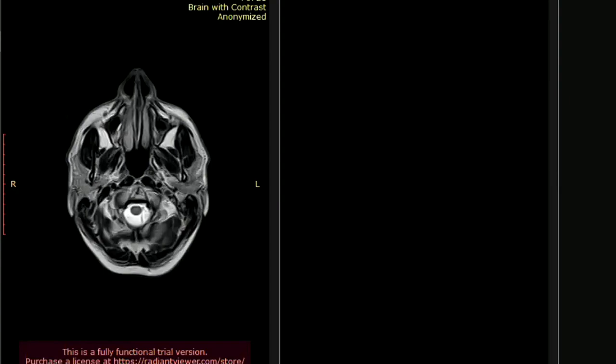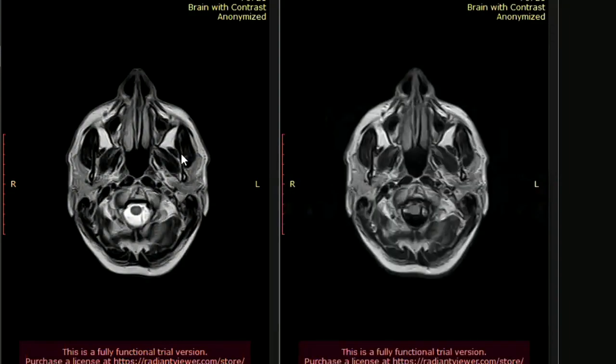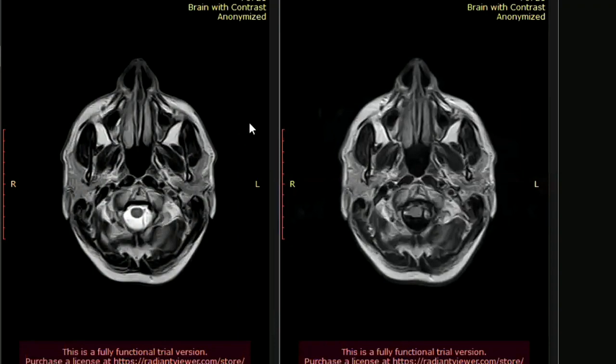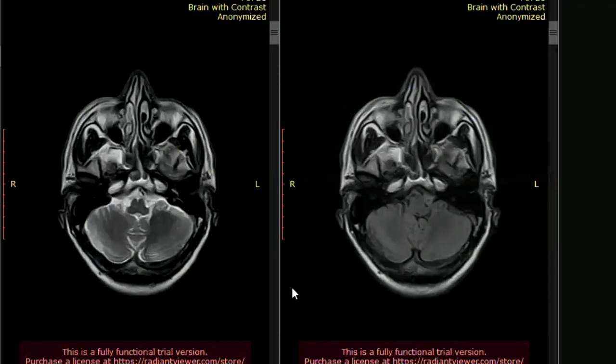Okay, so I will give you the selected MR images. I will also share the sequences, because we also share the sequence name with the candidates during the examination. So this is T2 and this is FLAIR sequence, right? First we look at the T2, then FLAIR, and then describe.